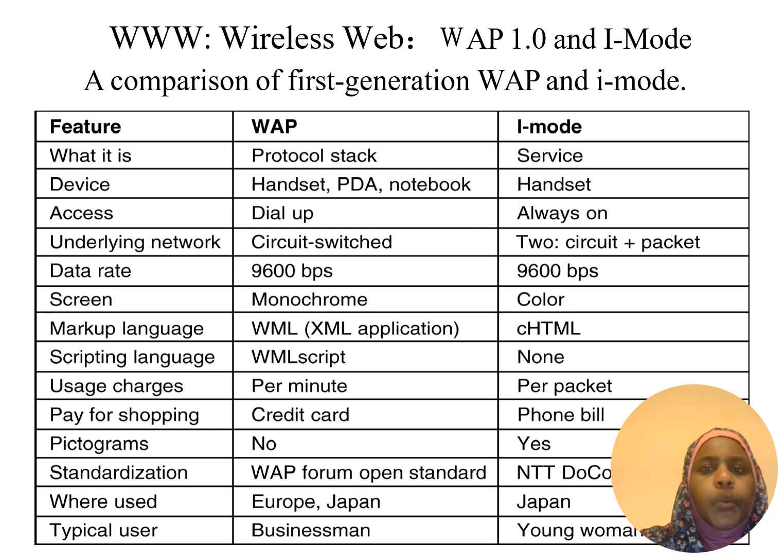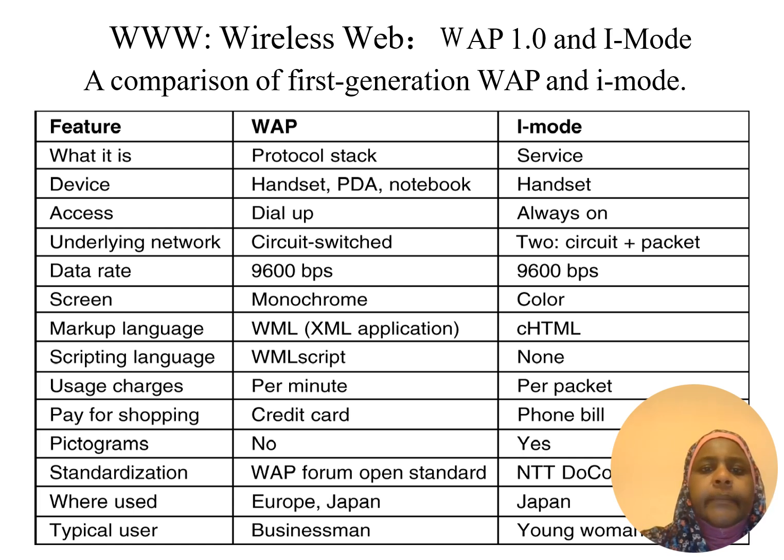If you want to compare WAP to i-mode, some features are: WAP is a protocol stack where i-mode is a set of services. WAP supports handsets, PDAs, notebooks, while i-mode supports only handsets. WAP access uses dial-up, where i-mode is always on. WAP uses circuit switching. i-mode uses both circuit switching and packet forwarding.